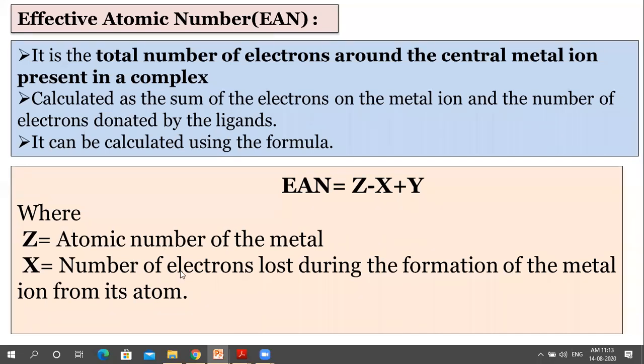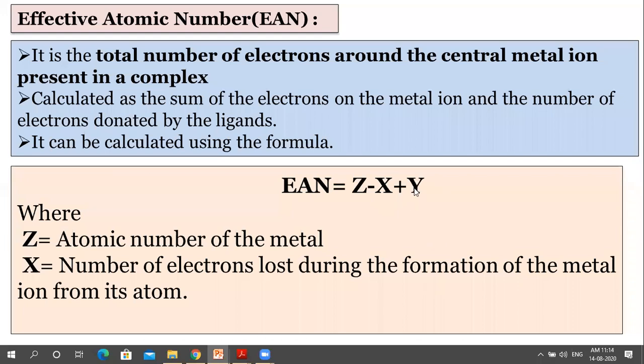This is very important. For example, Fe is there and Fe2+ ion is formed, so here X will be 2. We will discuss the examples also, but before the examples, you should know what Z, X and Y mean. If you remember this formula, you will get 2 marks in the board exam. So Z is the atomic number of the metal, and X is the number of electrons lost during the formation of the metal ion from its atom.